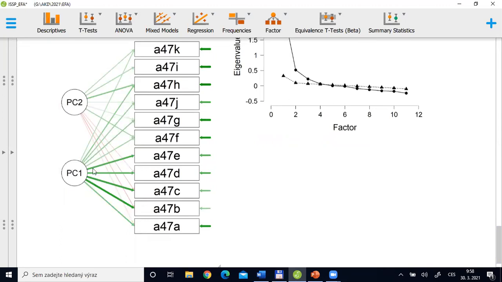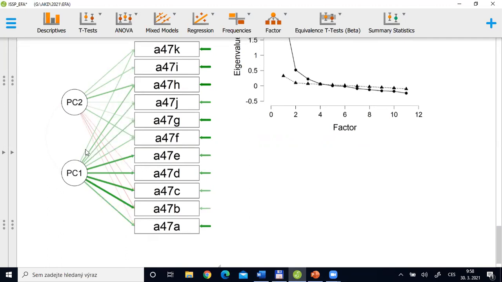You can see also that these green lines mean positive relationship. These slightly red lines mean negative relationship. And if the line is thick, it means a big relationship.